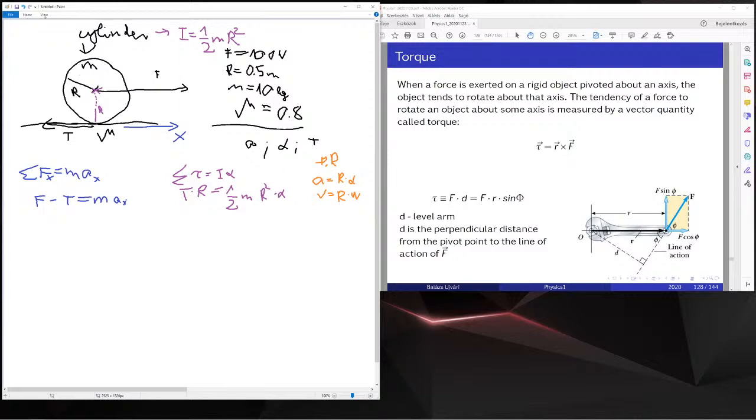Let's solve it. At first, let's divide it. T times r equals 1 over 2 m, let's divide the r squared to r times alpha, and see this can be replaced by a. There is r on both sides.